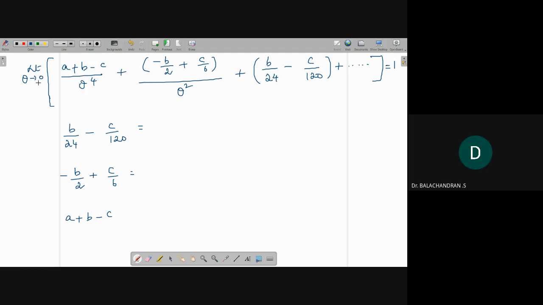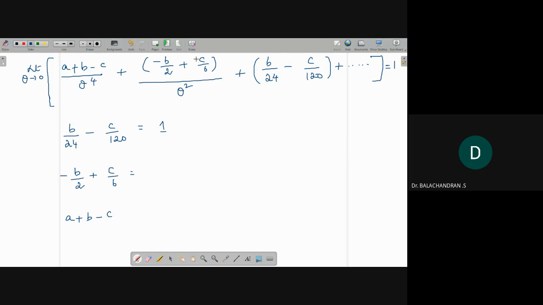And one more thing here, the limit exists and it is equal to 1. We know that. So this should be what? b by 24 minus c by 120 is what? Equal to 1. Good. So both of them should be 0.